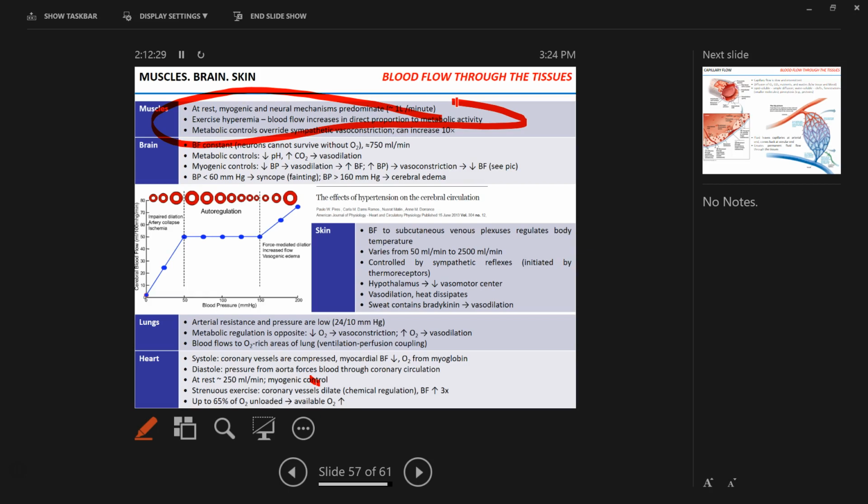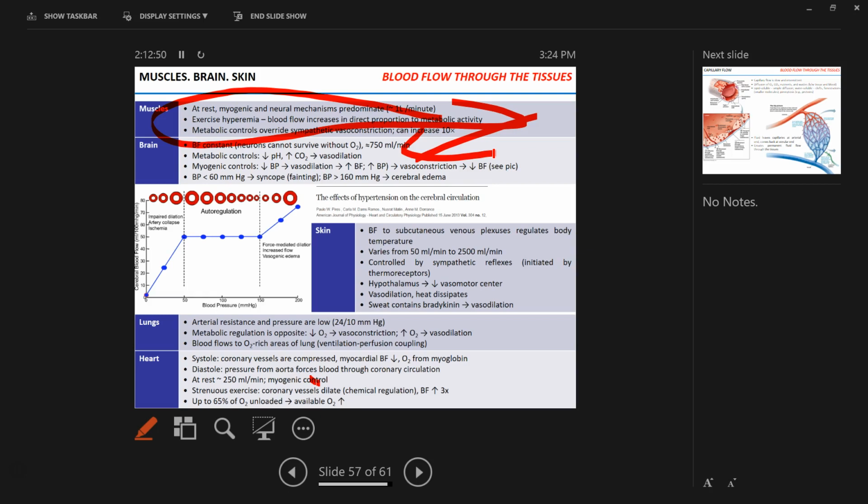Vasodilation. And the regulation in the muscle is metabolic. Muscles produce an enormous amount of CO2. Does that make sense? So that's mainly metabolic control. Does that make sense? Brain is absolutely fascinating.